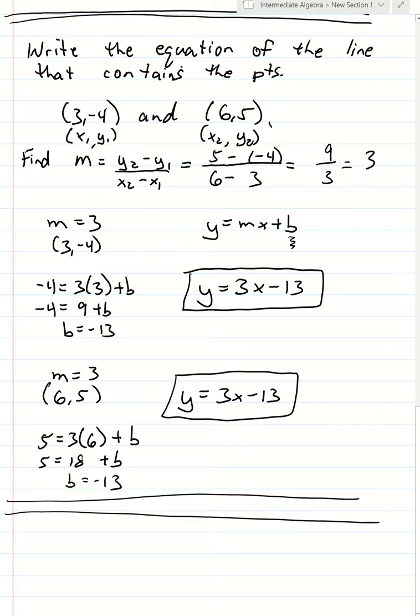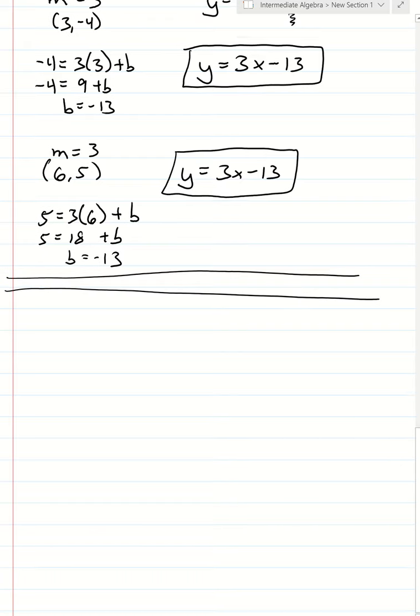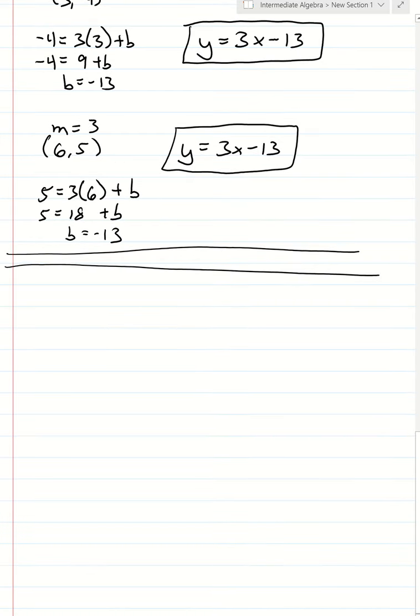Now, the last thing that we have to talk about are 2 very special lines, and what makes them special particularly is the slope. First, let's talk about lines that are in fact parallel to each other. Parallel lines, you've probably heard of before.